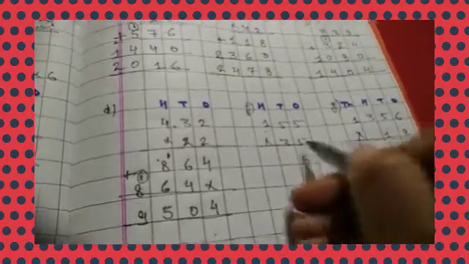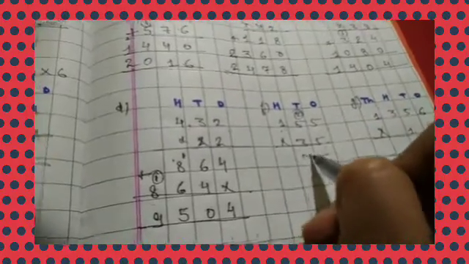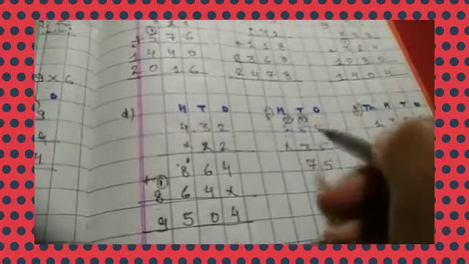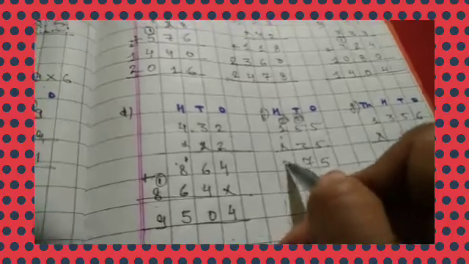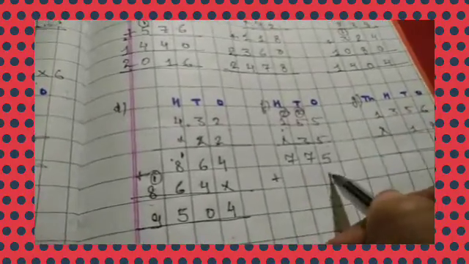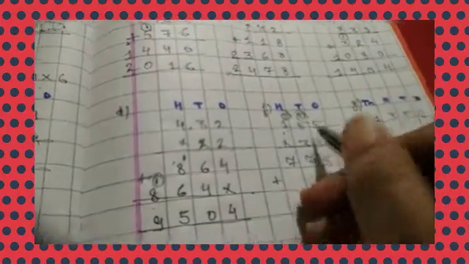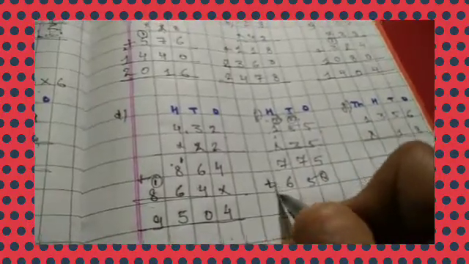Now children, part F, 155 into 35. 5 5s are 25, 5 carry 2, 5 5s are 25, plus 2 is 27, carry 2, 5 1s are 5 and 2, 7. Now 3 5s are 15, put a 0, 5 carry 1, 5 3s are 15 and 1 16, 6 carry 1, 3 1s are 3 and 1 4.